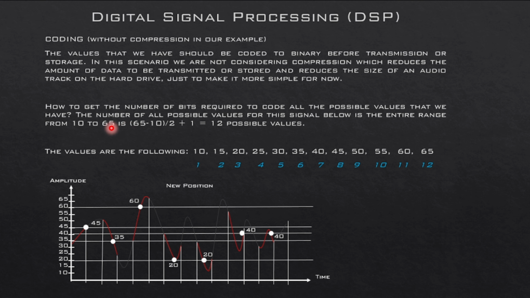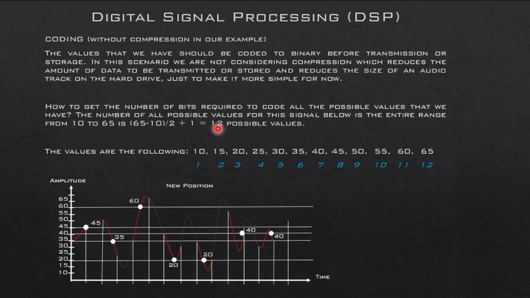So the number of all possible values for this signal below is the entire range from 10 to 65. Not only the values that happen to have been used. No, we're talking about the scale of all the values within the scalar. So these are all the values from 10 to 65, all the possible values, not the ones that we used, which is equal to (65 minus 10) divided by 5 plus 1.